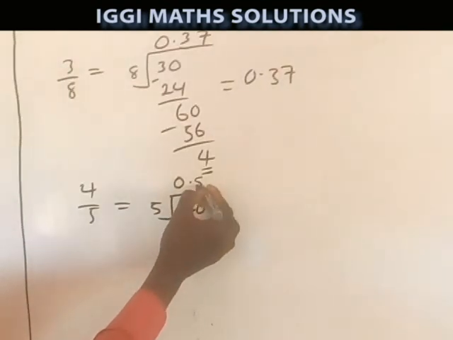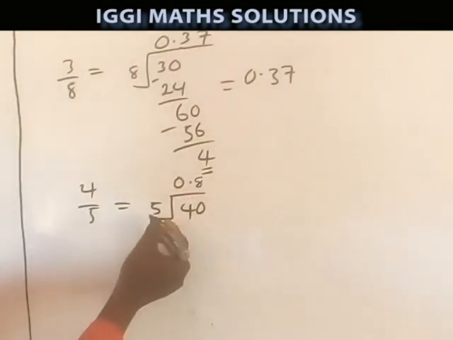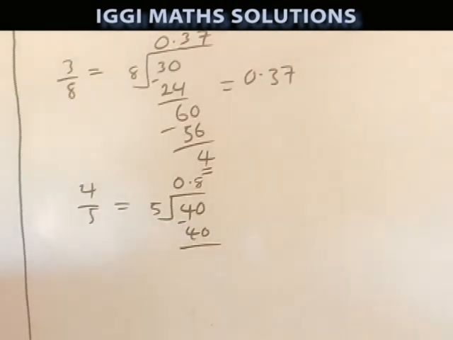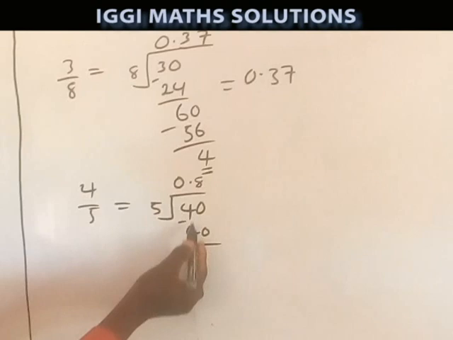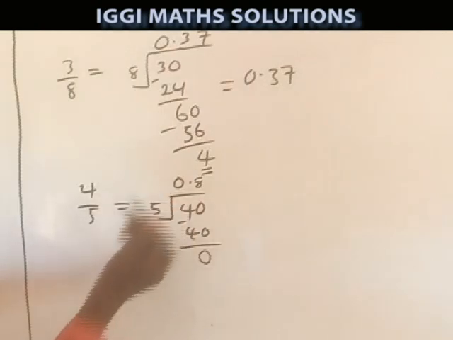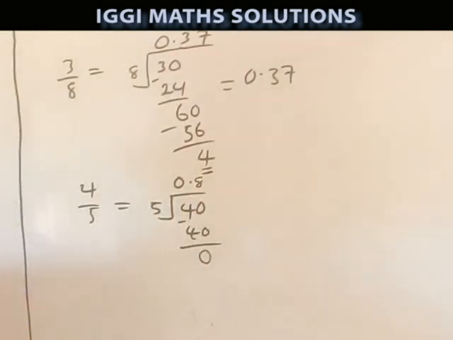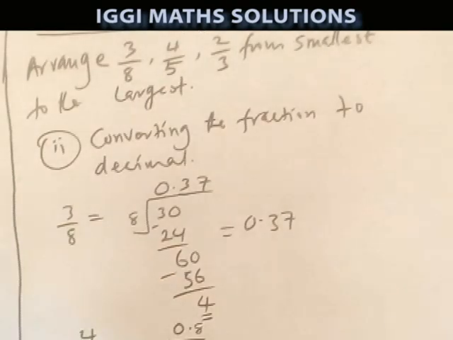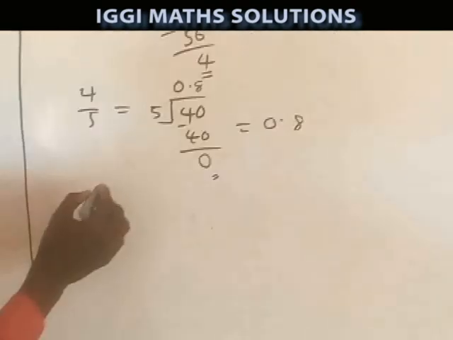It goes 8 times. 8 times 5 is 40. Then we subtract for the remainder: 40 minus 40 is 0. The remainder is 0. This shows that 5 into 40 goes exactly 8 times. So our answer is 0.8. We stop here.